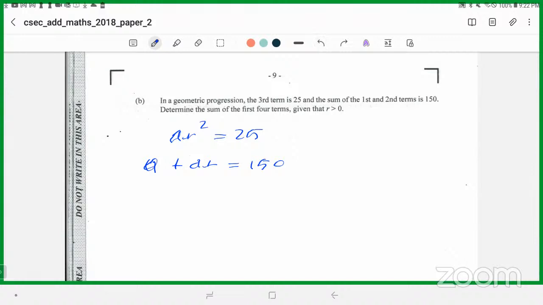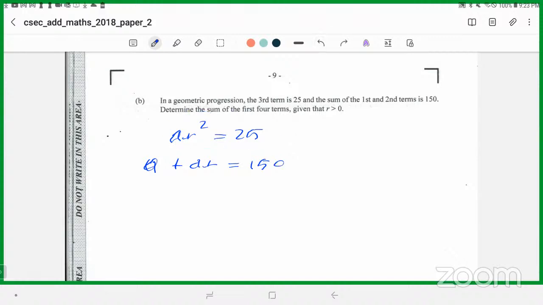When you're solving simultaneous equations generated from an arithmetic progression, you tend to subtract the equations to solve them. So GP equations, you solve them by dividing. AP equations, you solve them by subtracting. And sometimes you add the AP equations. So these two equations, I'm going to solve them by dividing.